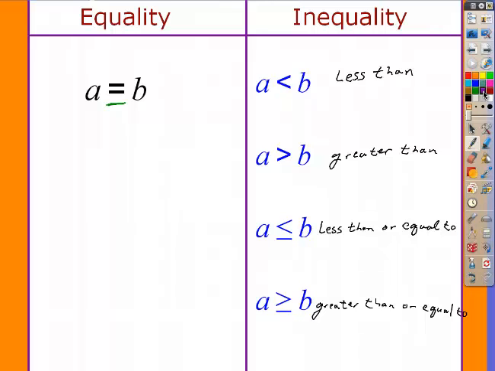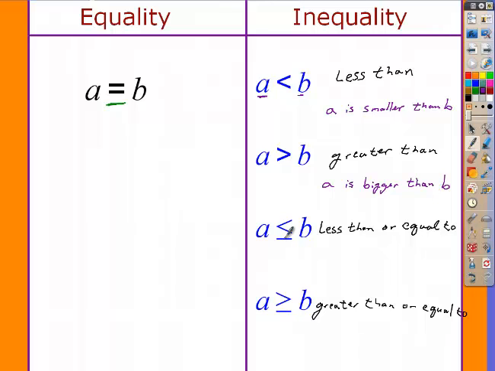Here, what we're saying is that A is less than B, which means that A is smaller than B. That's what that sign really means. For the second one, it's A greater than B, which means that A is simply bigger than B. So we use inequalities whenever we're referencing smaller or bigger, whereas we use the equal sign whenever we have two things that are exactly the same value.